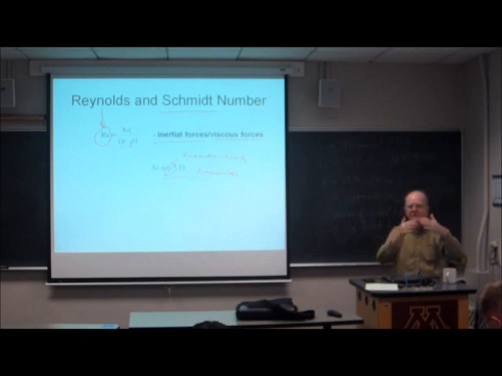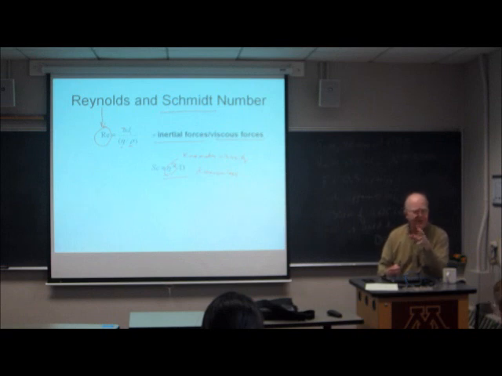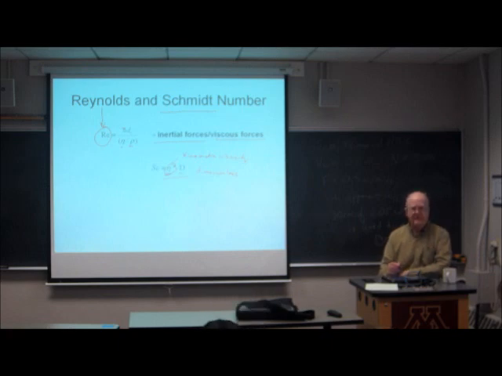And it's a measure of the rate of transfer of momentum relative to the rate of transfer by diffusion. So it's a momentum, it's a convective thing versus a diffusive thing, if you want to look at it that way. Gases and liquids have very, very different Schmidt numbers. That's sort of obvious. This is the kinematic viscosity, that's the diffusion coefficient.